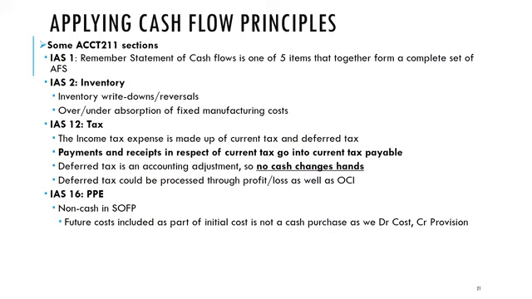When we look at our journals, we see debit PPE cost, credit provision. Here, no impact on bank, so that would not feature within our statement of cash flows. Remember, we are working on a cash basis here, so a lot of those accrual principles and accounting adjustments are not going to feature in our statements of cash flows.